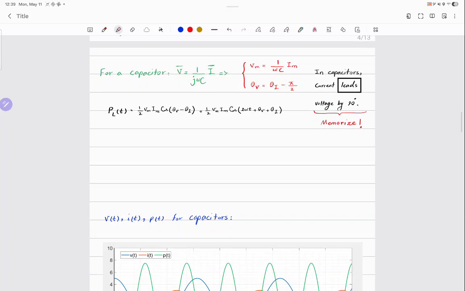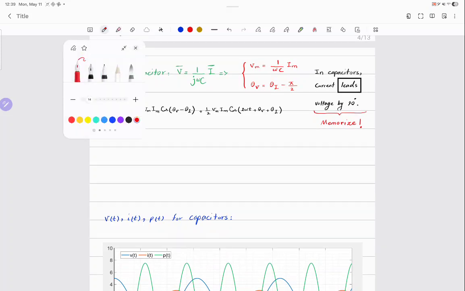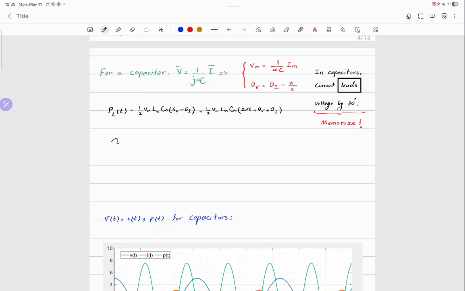The next component is capacitor. Very similarly, we can write two sets of equations for capacitor. So it should be PC. So I have PC equal to 1/2 omega C Vm squared cosine 2 omega t plus 2 theta v plus 90.